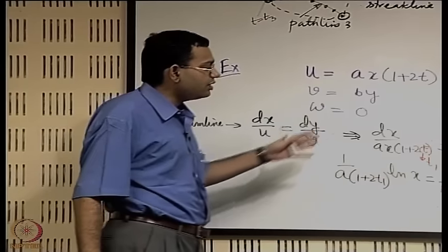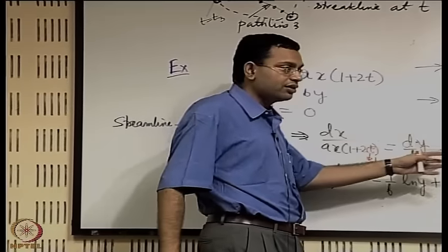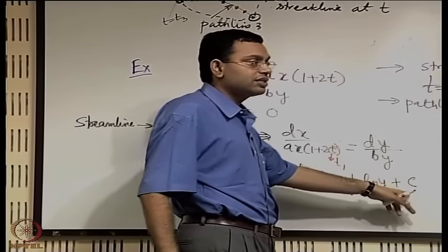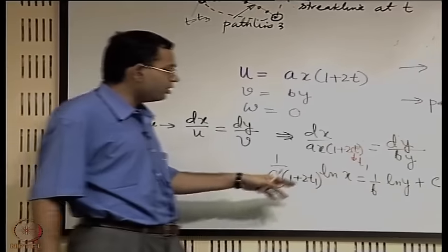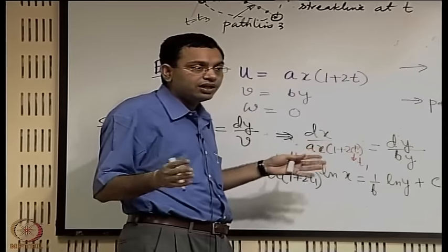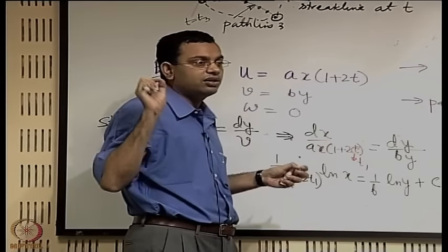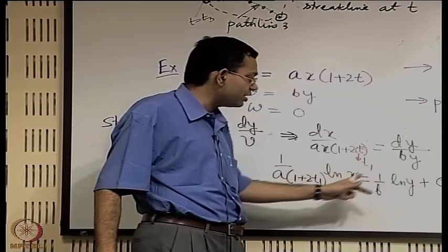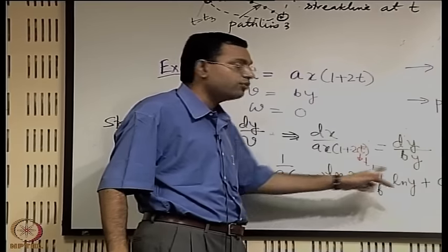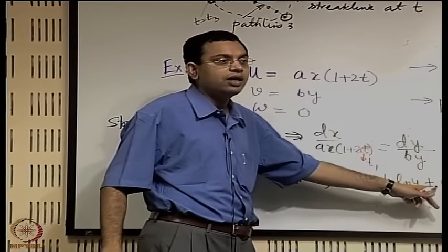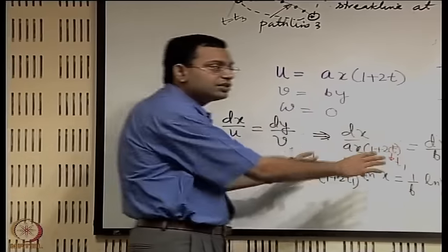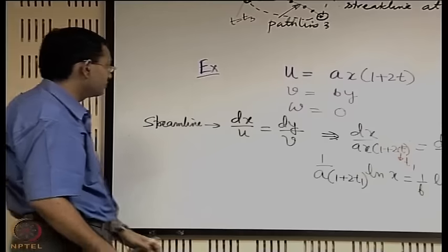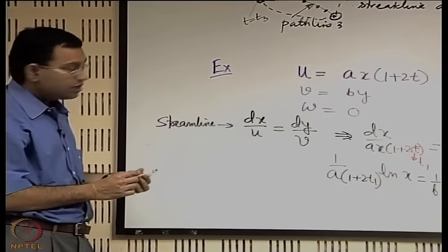When you are given that the streamline passes through that point, from that you can find out c. That is, if you know that at time equal to t1 the streamline you are drawing has one point on it, substituting that point, x equal to x1 and y equal to y1, will give the value of c. That will give the equation of the streamline if you arrange it properly in a compact form. Let us consider the streak line.